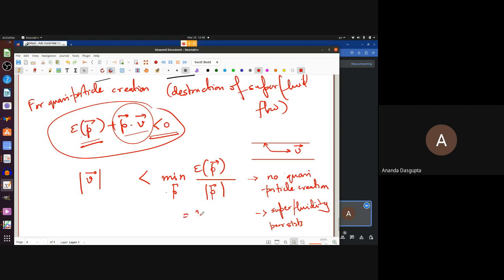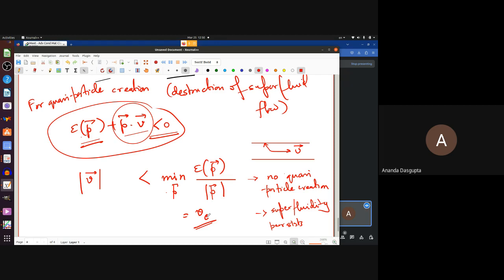So this quantity has a name, it's called the critical velocity. If mod v is less than the critical velocity, in other words, if the superfluid is flowing slower than the critical velocity, then the tube's damping cannot produce quasi-particles. So the perturbation which the tube exerts on the flowing fluid will not be able to produce a quasi-particle, and there will be superfluid flow.